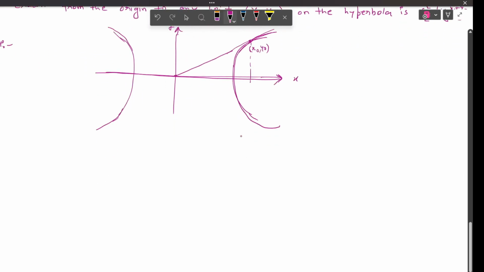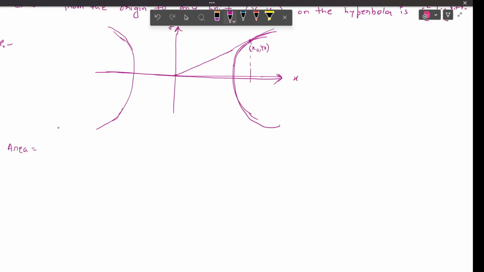So we can say that our required area is, let us name it, this is OQ.